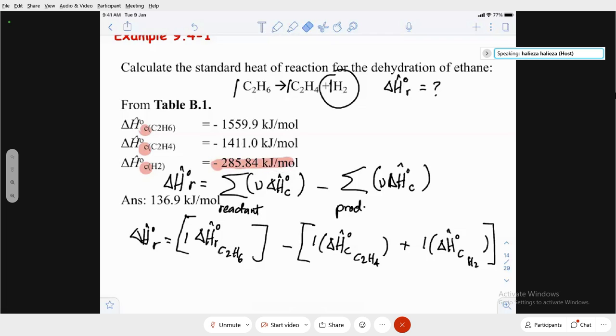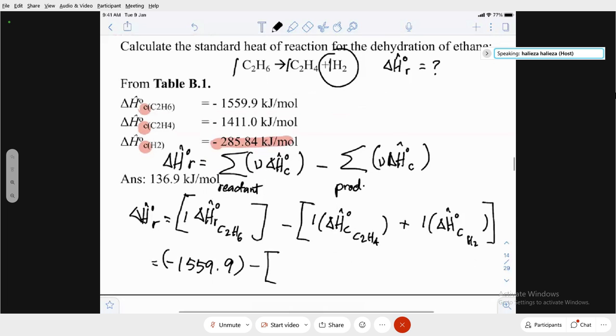Now let's put in the values. The heat of combustion for C2H6 is minus 1559.9, minus your product for C2H4, minus 1411. You don't need to put down the value of 1 in front of it.